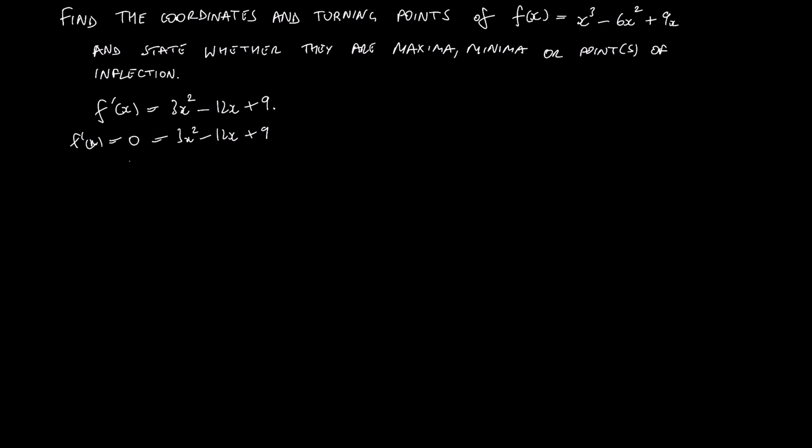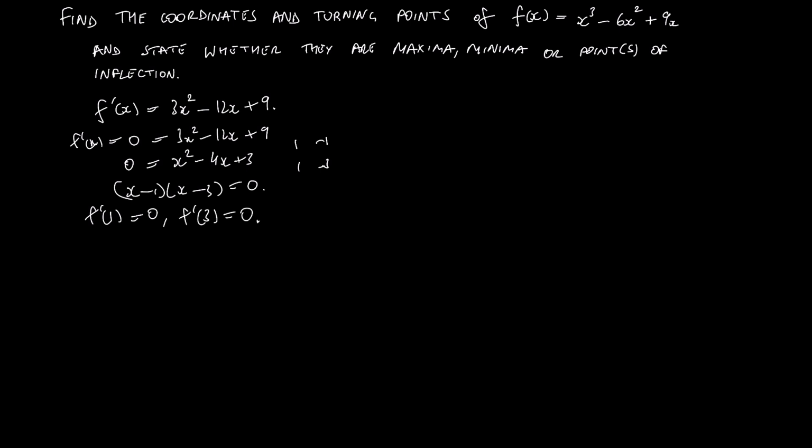So dividing both sides by 3, we get x squared minus 4x plus 3. So we can rewrite that as x minus 1 times x minus 3 equals 0. And from there we know that f dash 1 equals 0 and f dash 3 also equals 0. So I know we have turning points at x equals 1 and x equals 3.